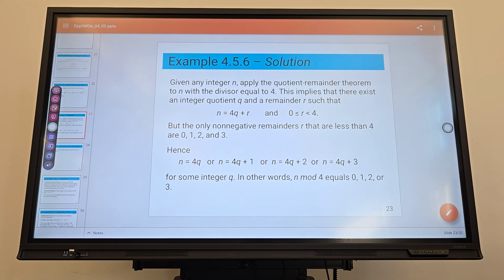This implies that there exists an integer quotient q and a remainder r such that n equals 4q plus r, and r is greater than or equal to 0 but less than 4. The only integers that satisfy this are 0, 1, 2, and 3. Therefore, one of those equations applies for some integer q, because n mod 4 equals 0, 1, 2, or 3.